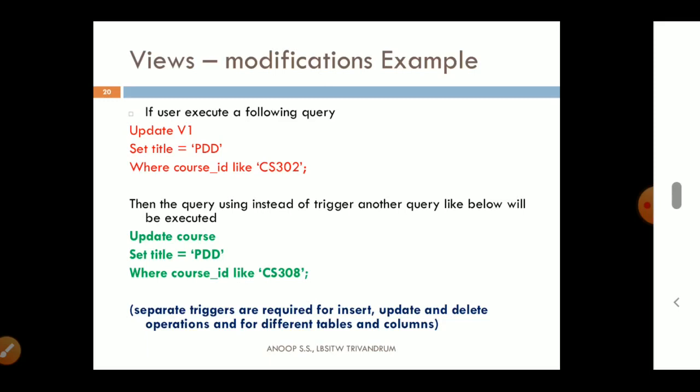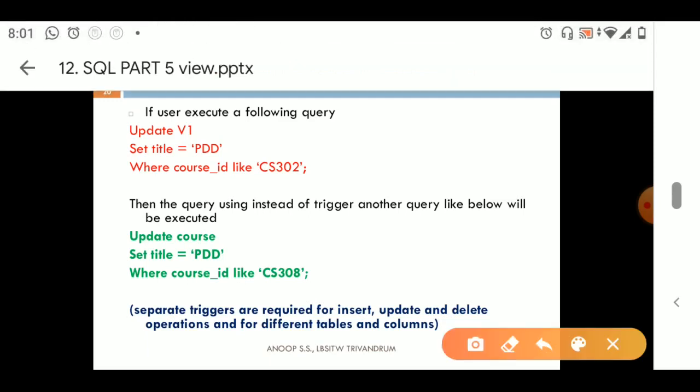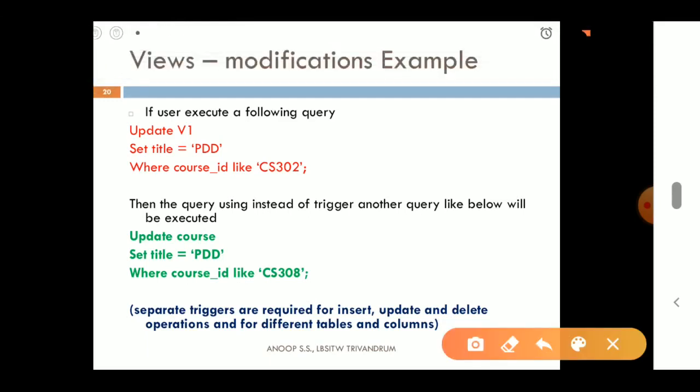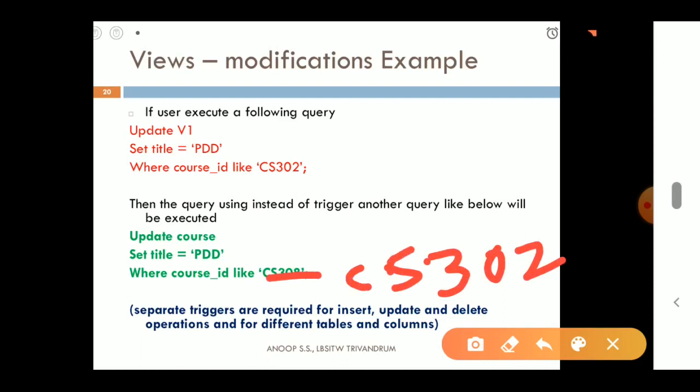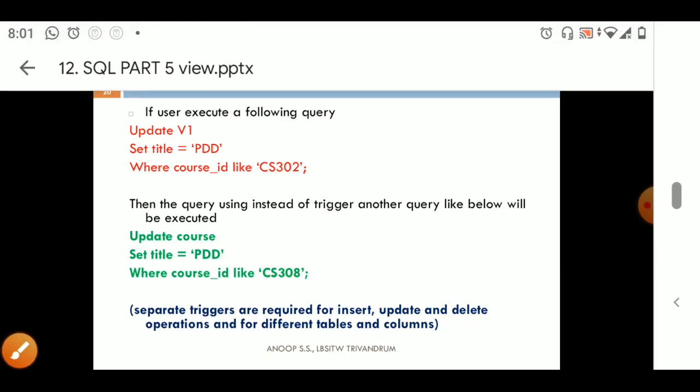Here, instead of 308, it has to be CS302. It means update course, set title equal to PDD, where course ID like CS302. It has to be CS302, not 308.